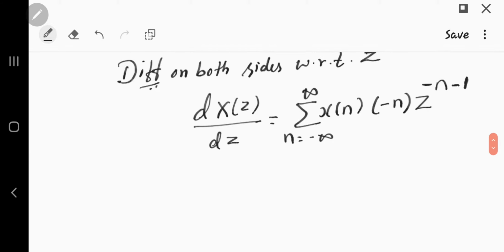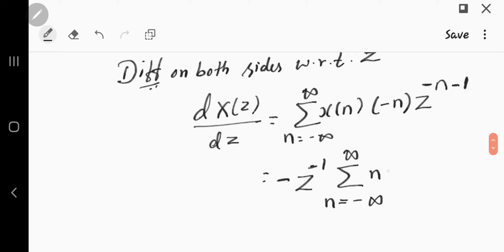Okay. Now taking this z to the power of minus n and minus 1 outside, and we have a minus here, so I will take this minus outside and the z inverse outside. So I will remain with n is equal to minus infinity to plus infinity.